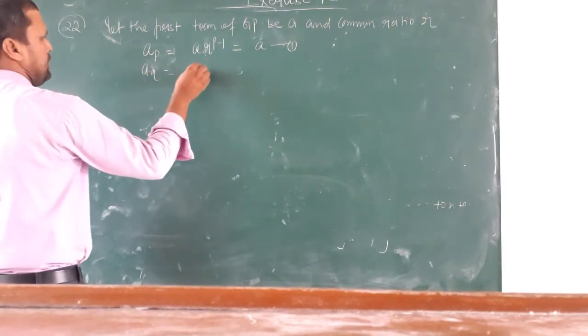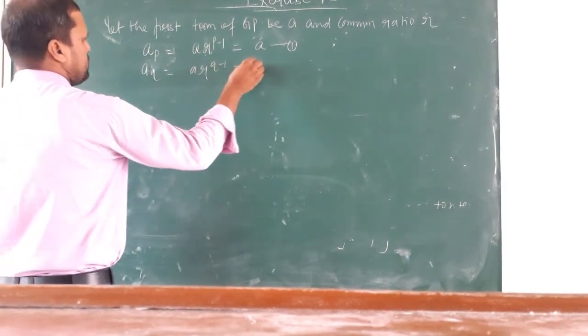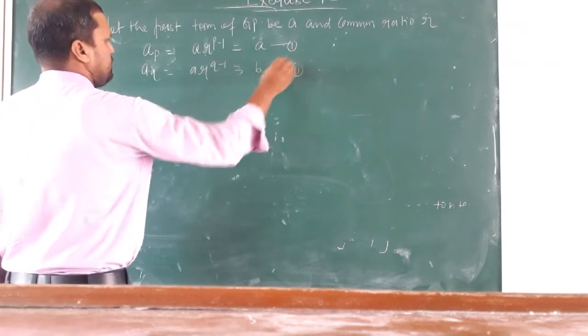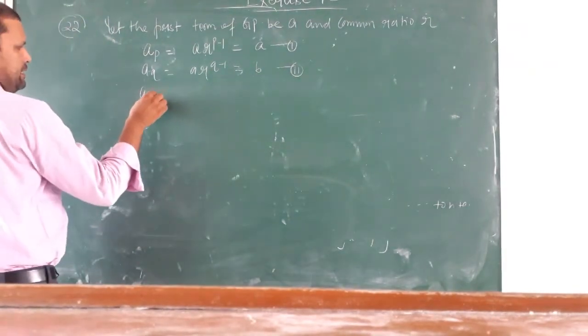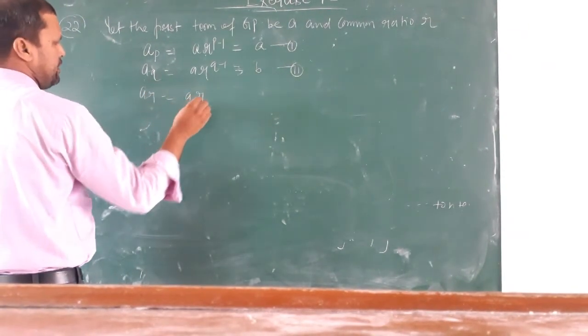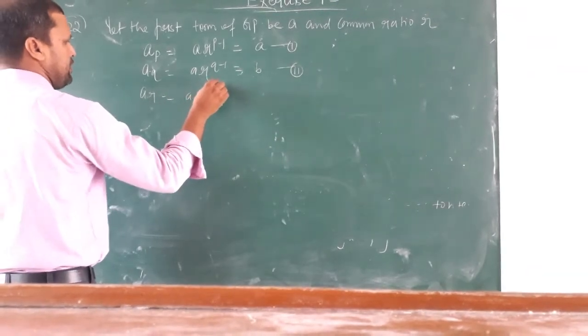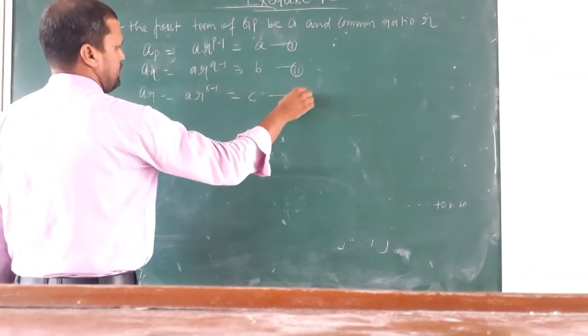A R to the power q minus 1 is equal to b, and A R to the power r minus 1 is c.